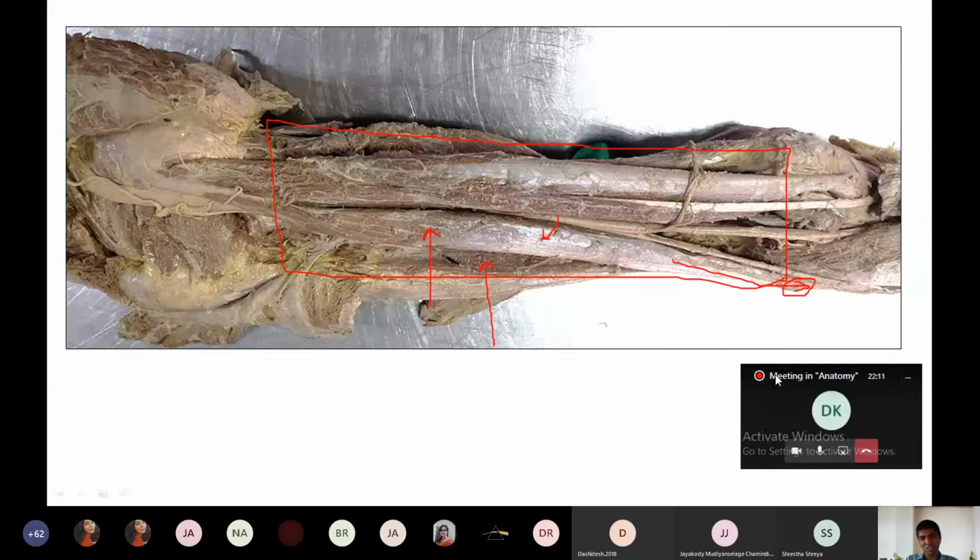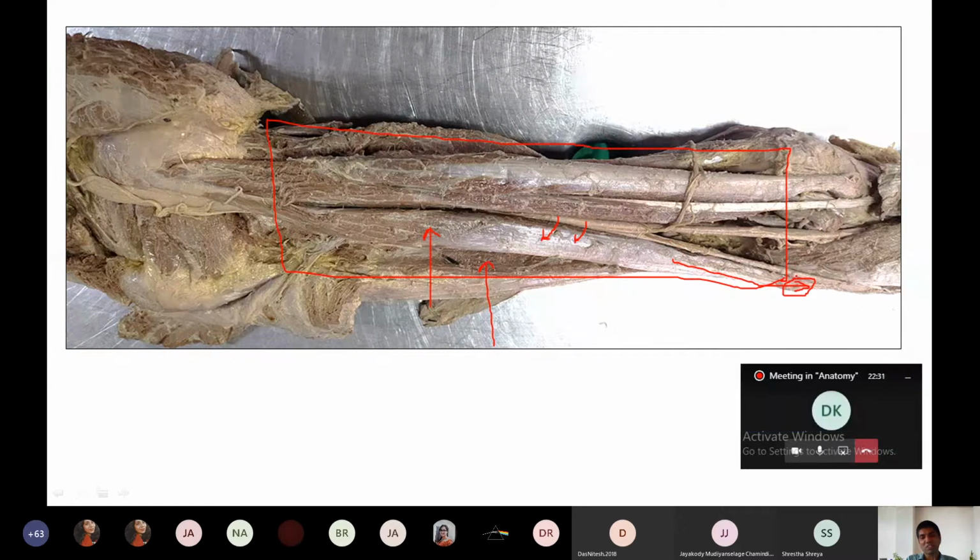Yes, you are right. Who is giving this answer? Yes. So the long head is supplied by the tibial part of the sciatic nerve, and the short head by the common peroneal part of the sciatic nerve.